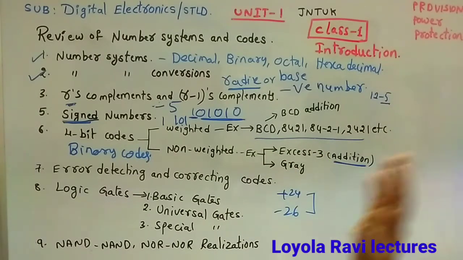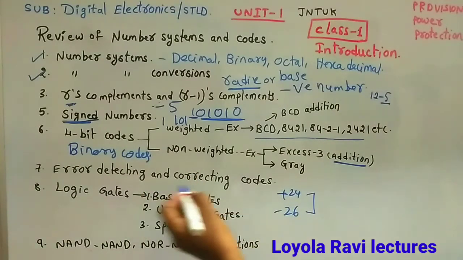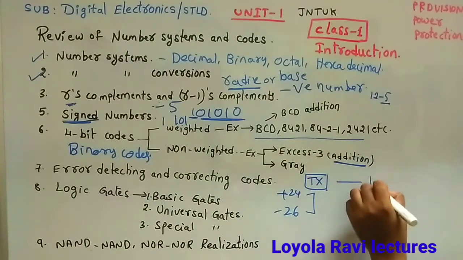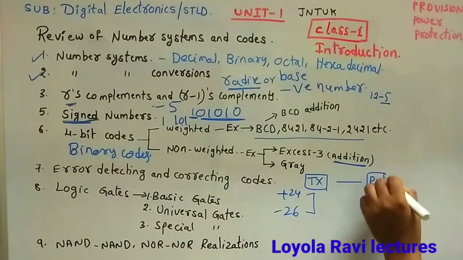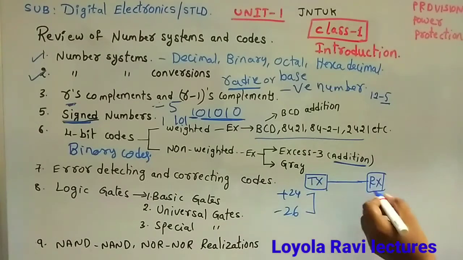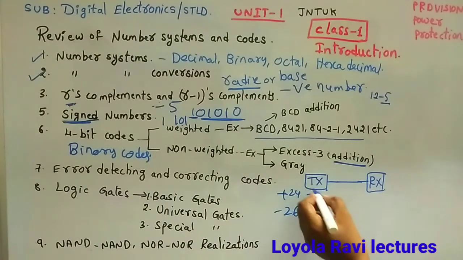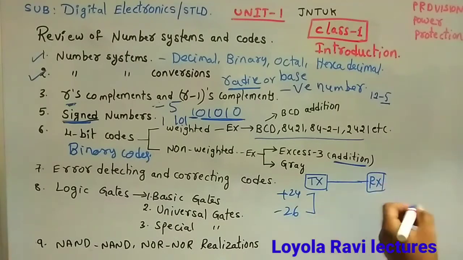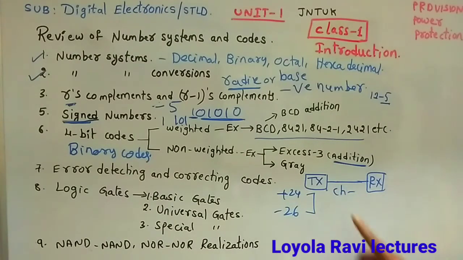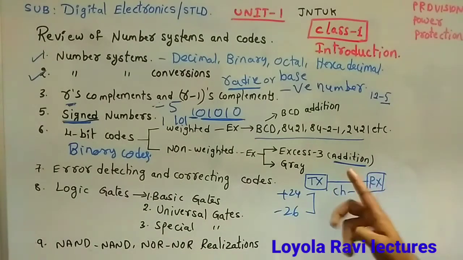Okay. And the next concept is error detecting and correcting code. For example, this is a transmitter and this is a receiver. We are representing them as TX and RX. TX is the transmitter, RX is the receiver. From the transmitter to the receiver, I am going to send the information via a channel. In between we are using a channel.